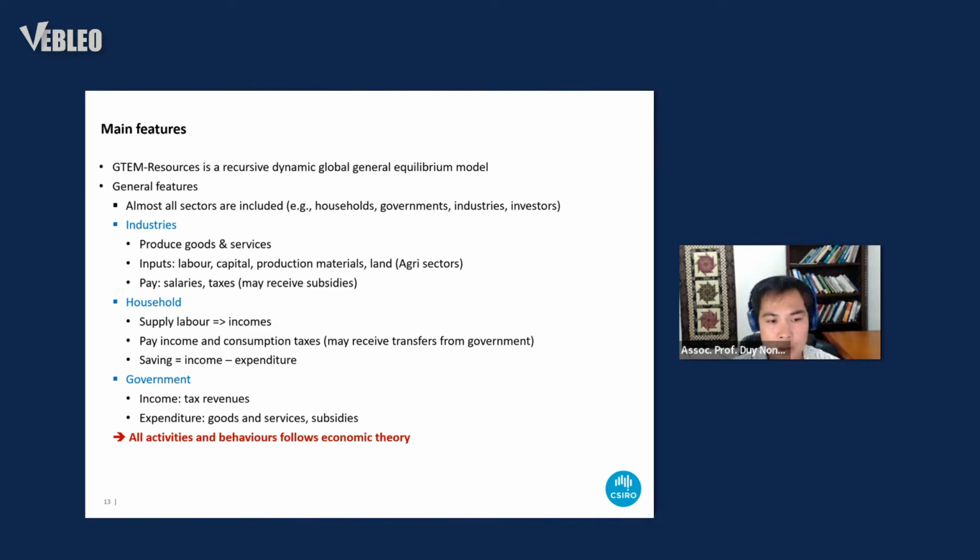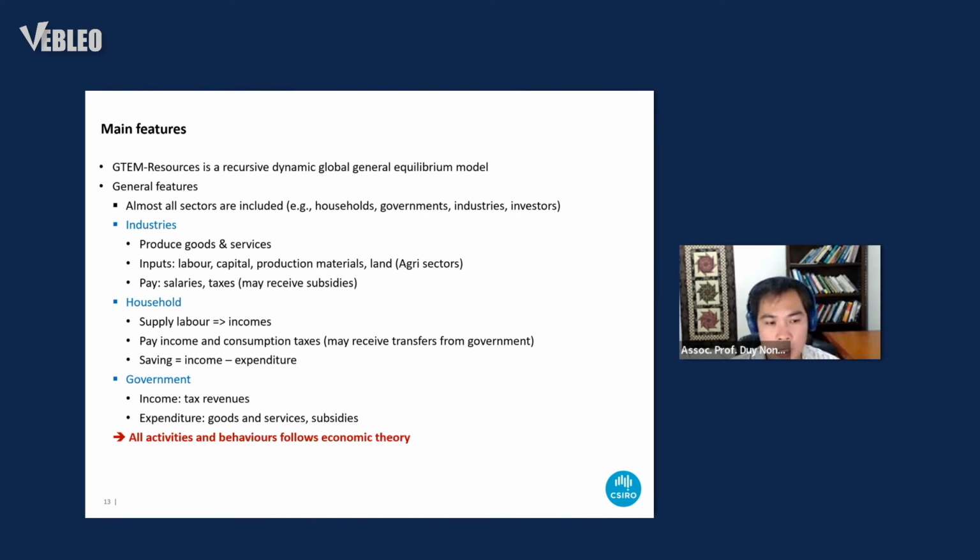And the government also has revenues from tax revenue, and they also consume goods and services, and they provide subsidy to household and industry. For example, during the COVID pandemic, many governments around the world provided subsidy to many different household groups and to companies, especially services and manufacturing companies.